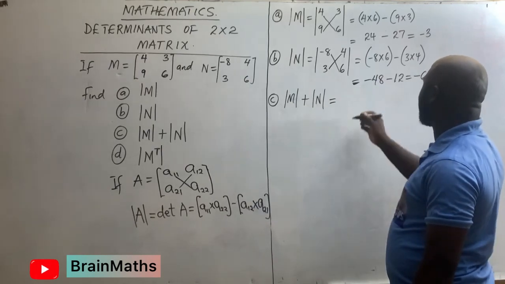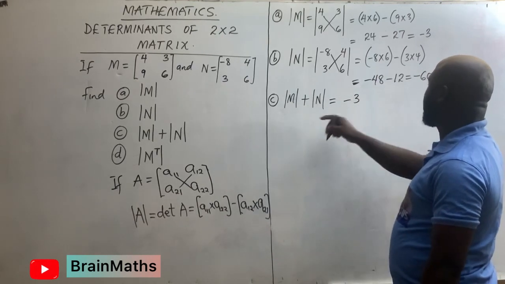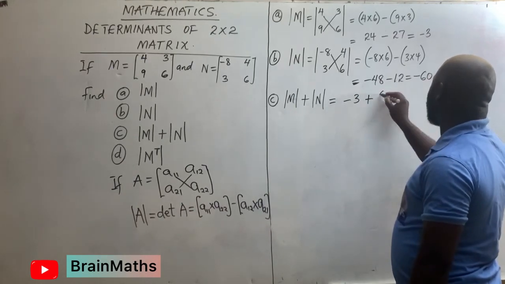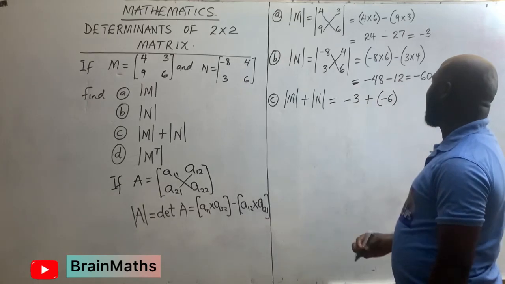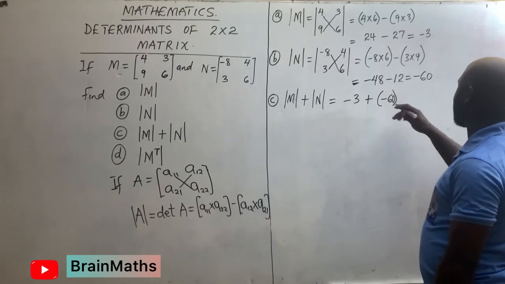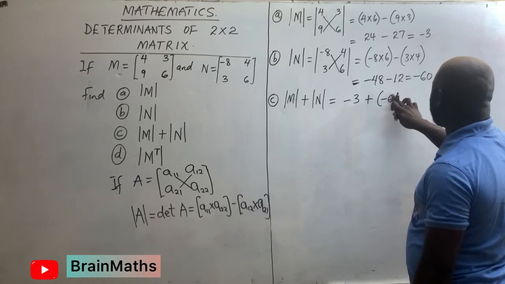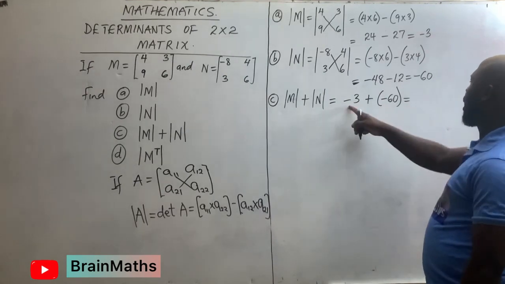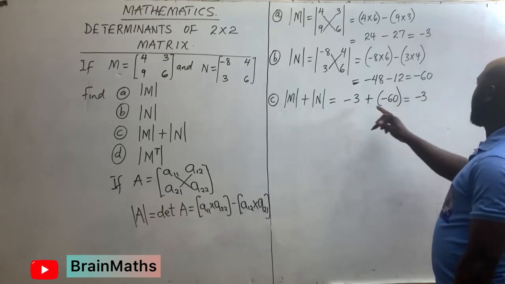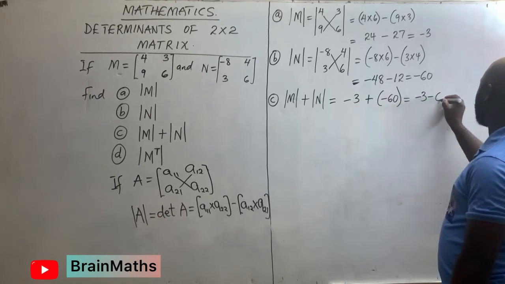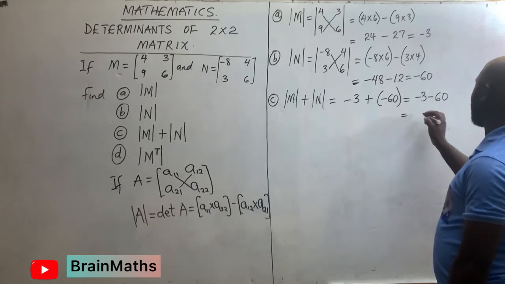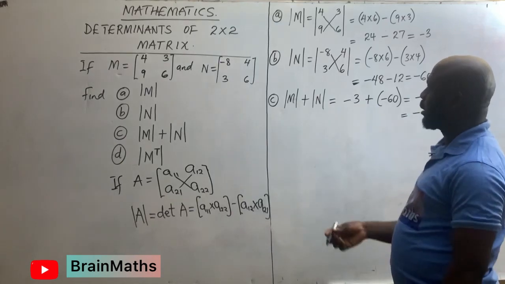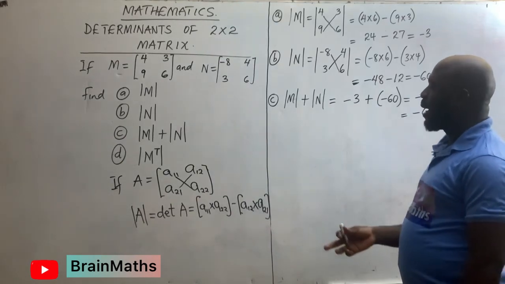We have minus 3 for the determinant of M plus minus 60 for the determinant of N. So we have minus 3 plus minus 60, and this is going to give us minus 63. So that is the determinants of M and N added together.